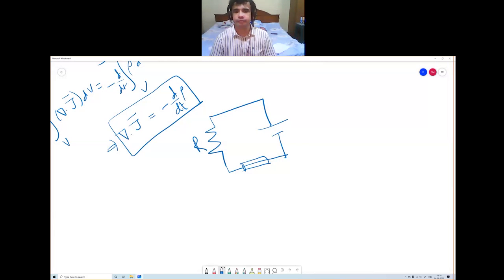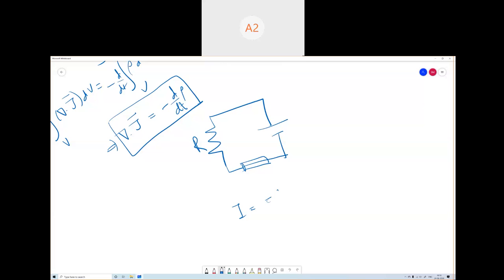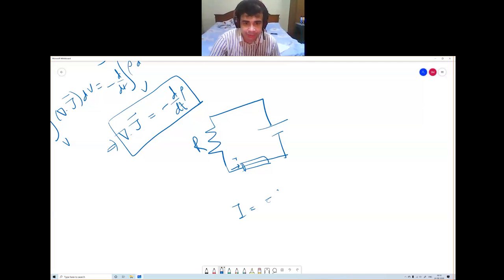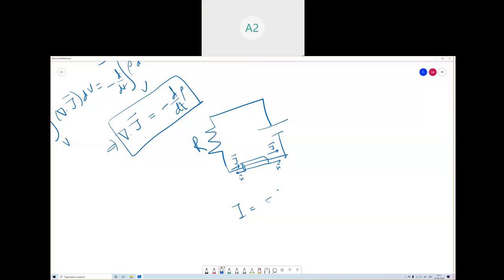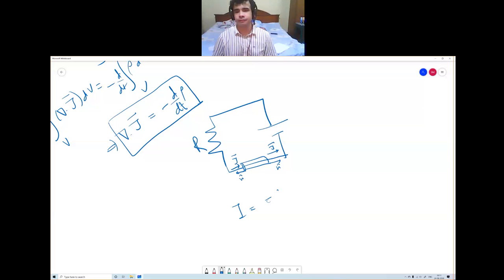What will happen here? I equal to what? So will we get 0? We will get 0. Why? Because J is in this direction, J is in this direction, but n is in this direction. They will cancel. Here, the charges are entering, and the same amount of charge is leaving the conductor.